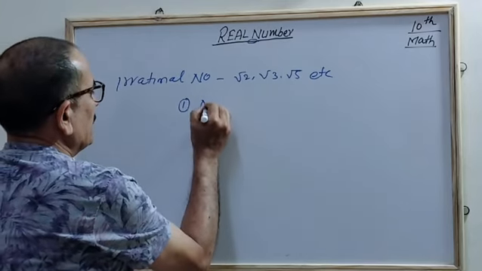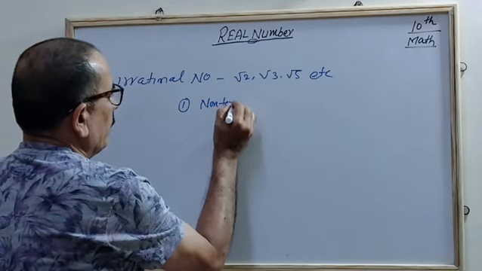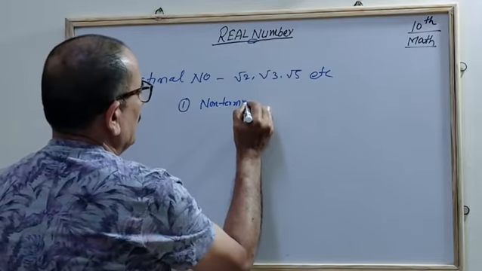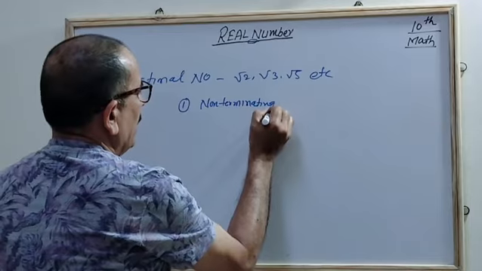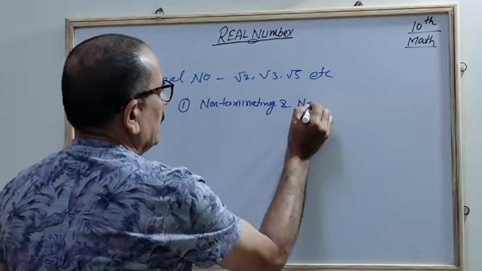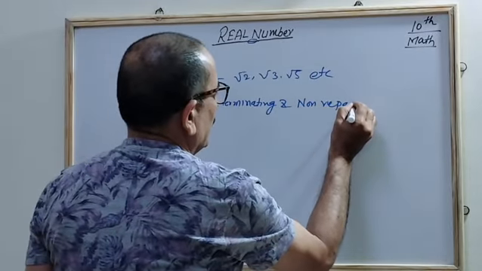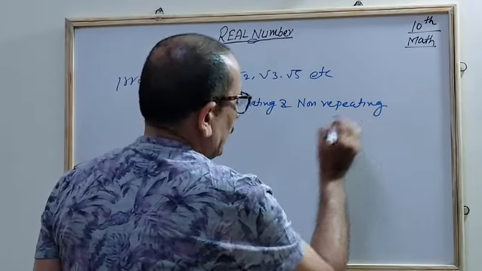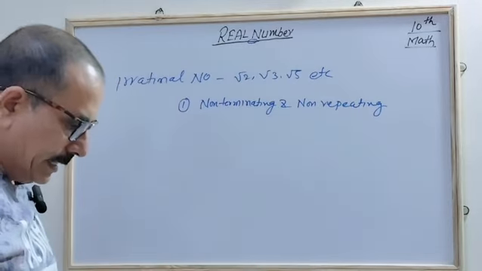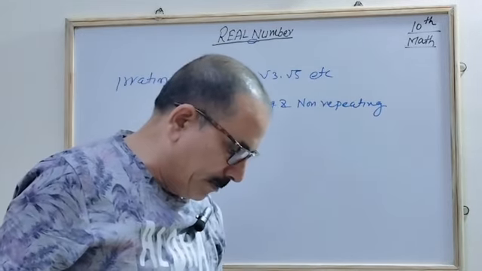It is always non-terminating and non-repeating, correct? So these are the irrational numbers, correct?